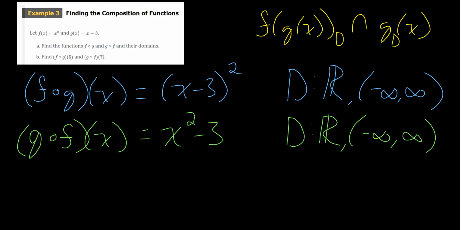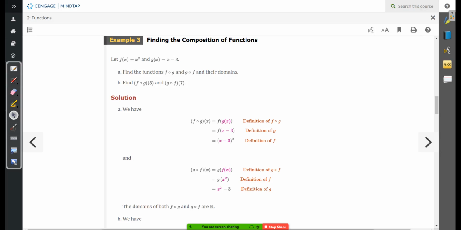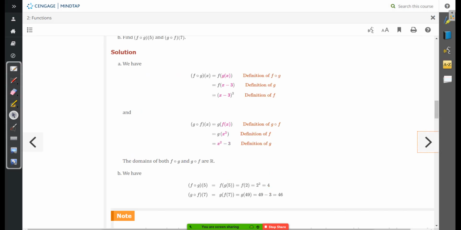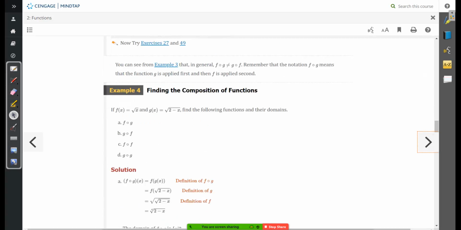Well, yeah, because 2 squared is 4. You're good. So yeah, and then 49 minus 3 is 46. Okay, just making sure. Look, I understand, it happens to me all the time. Okay, no problem. So let's move on. Yeah, 4 and 46. We're good. Everything's good.